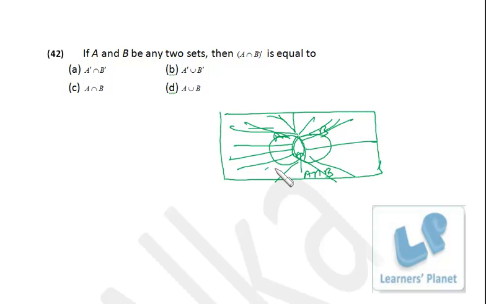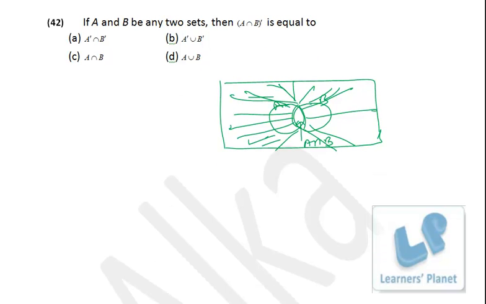Right, now we try to match the definition from the options. The first is A dash intersection B dash. So A dash will be the area outside this circle, and B dash will be the area outside this circle. So that is not correct, because in that case this portion and this portion will be eliminated, right? So that is incorrect.